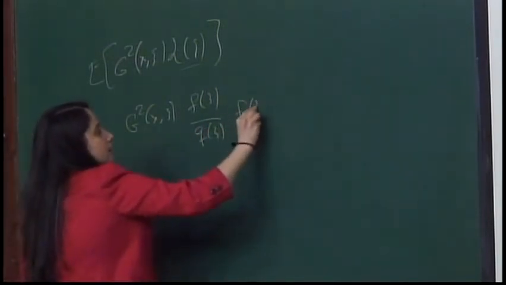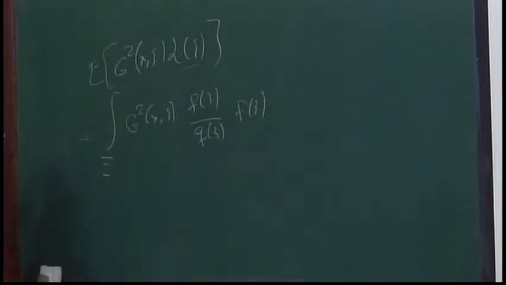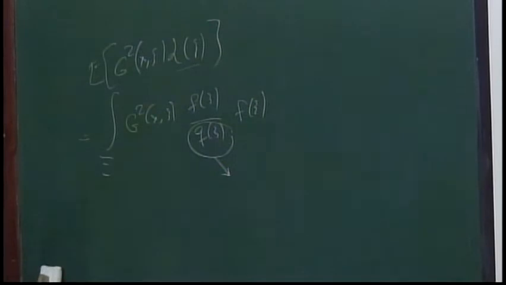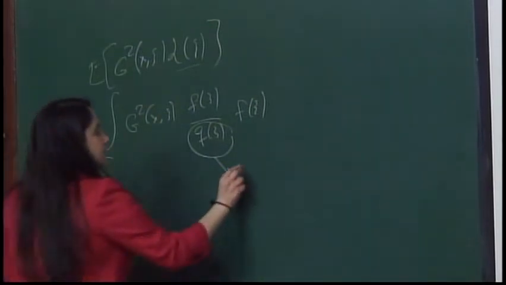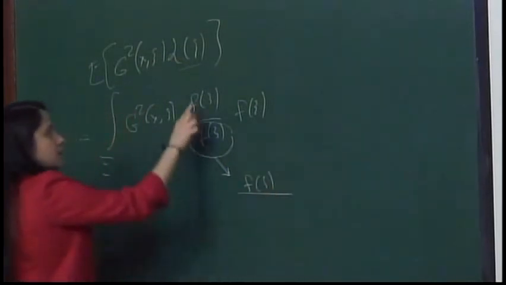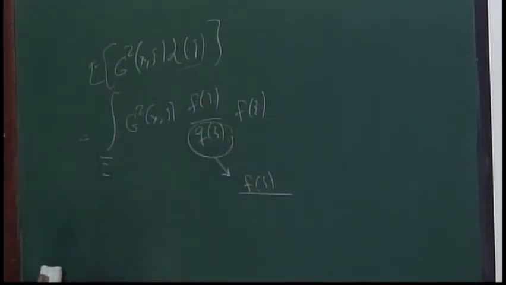If I take something like that, right? So if I end up maybe putting q here, I want something like this. f of x, right? So I want to get rid of one of this f of x.